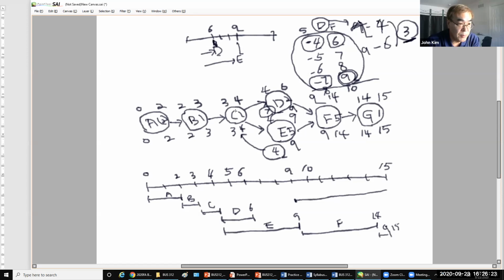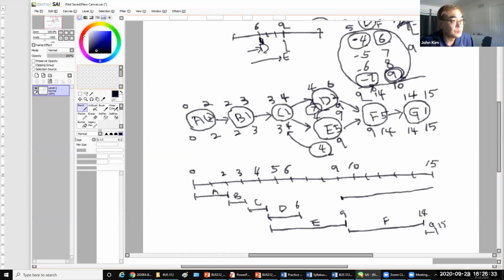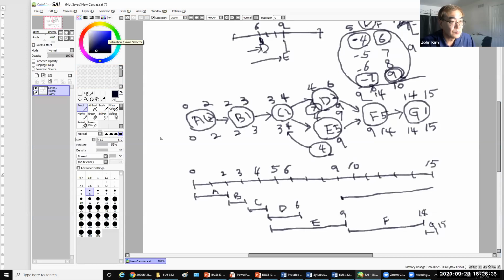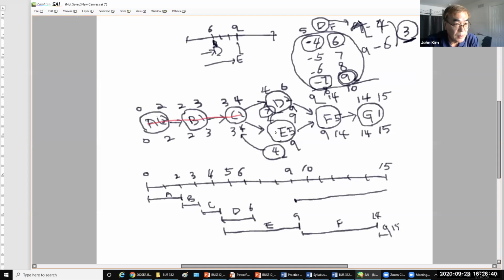A, B, C, E, F, G don't have slack. There are 2 possible paths on this network.